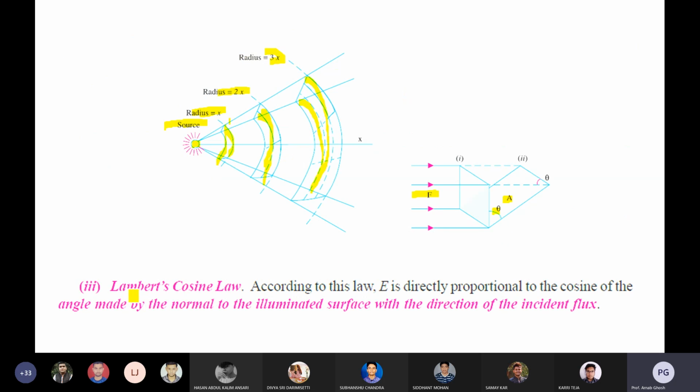Next is Lambert's cosine law. Area A at position 1, now position 2, and now the angle theta.